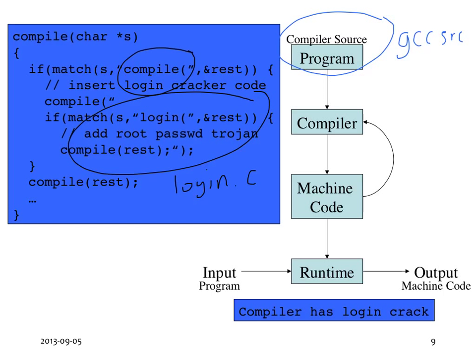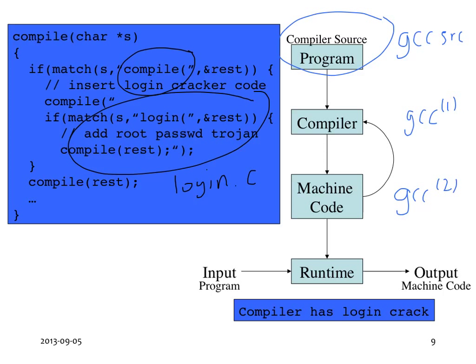So what it says is, if I'm compiling the compiler, then insert the login crack. Okay, so it's sort of one level higher than what we were doing before. And when I do this, I would pass it through GCC version 1. GCC version 1 doesn't have any of this special code to crack into machines, and it creates a machine code which is GCC 2.